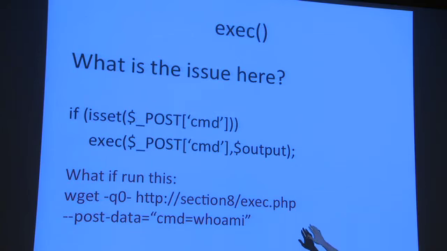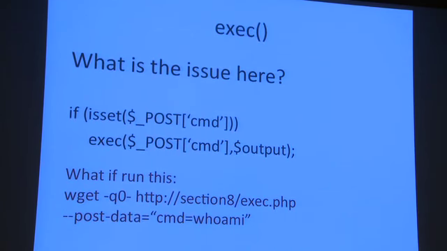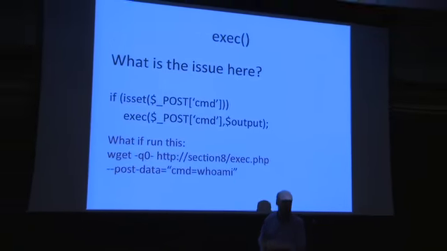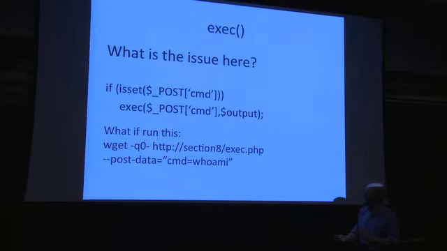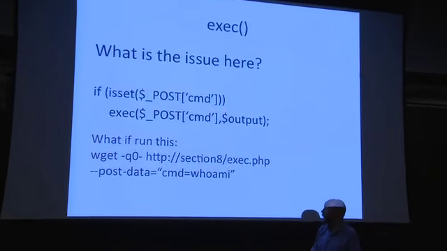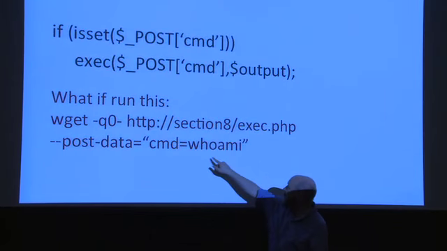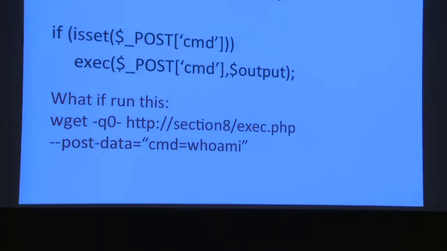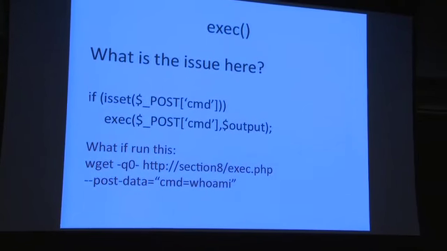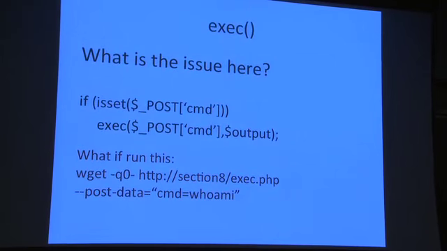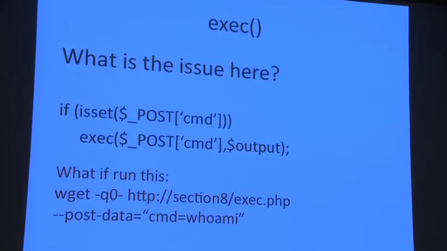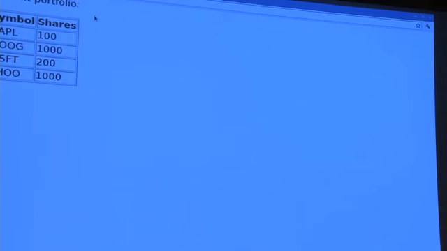I'm going to give it the web page, but what's interesting is I can actually pass in post data to this request right from this command line tool. So I can create a post of command equals whoami. So let's see what all this starts to look like.